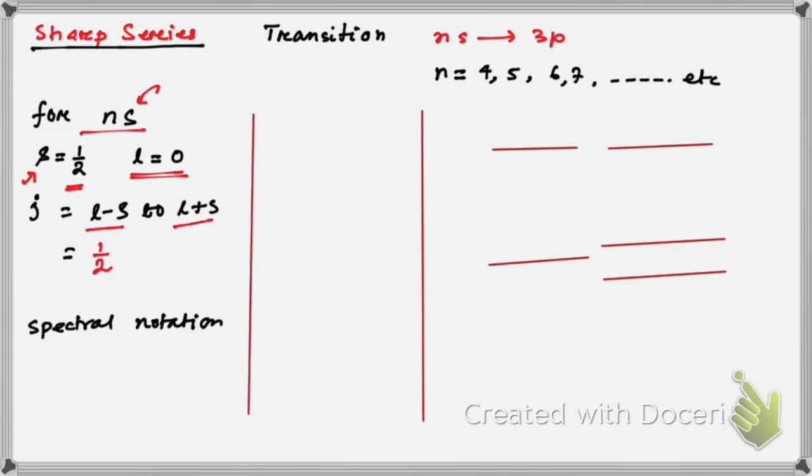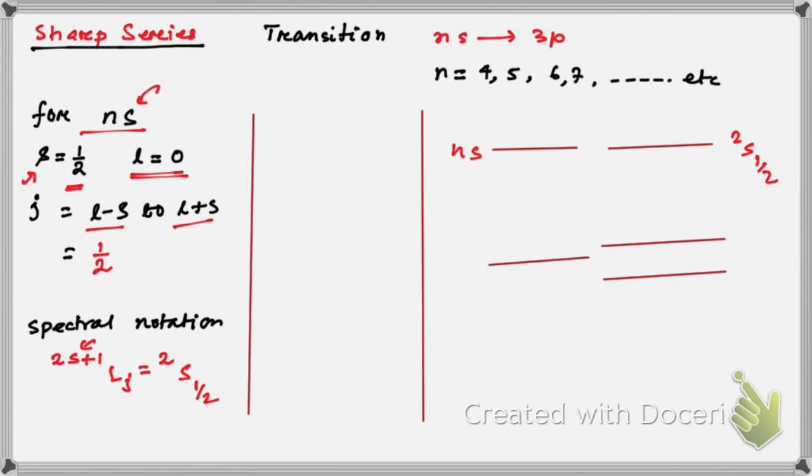If you represent this in spectral notation 2s plus 1 L J, as we have already discussed, the value of s is half, so you get 2. For L, this is the s orbital, so we write S, and the value of j we have got is half. So this is 2S half, so it is a single energy level.